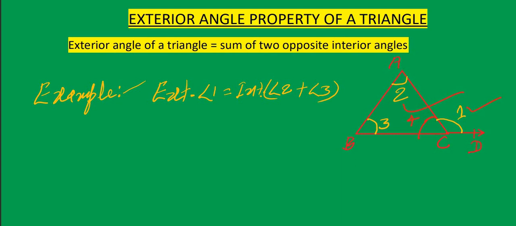So what is the relation between exterior angles and interior angles? The exterior angle of a triangle is equal to the sum of two opposite interior angles. That means we will not take adjacent angles, we will take two opposite interior angles and sum them, we will get the value of the exterior angle. So exterior angle 1 is equal to interior angle 2 plus interior angle 3.